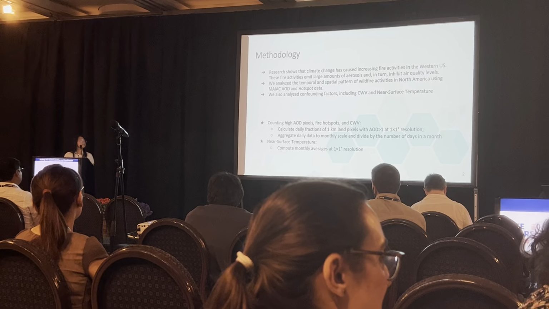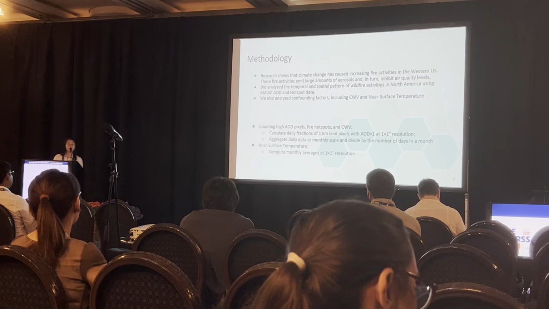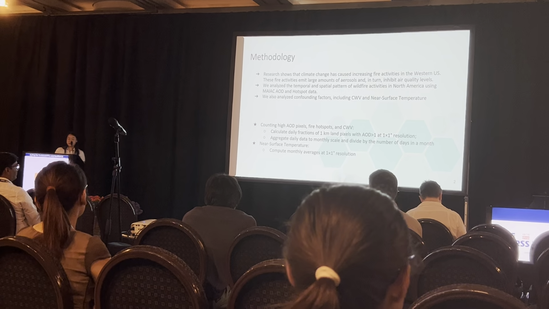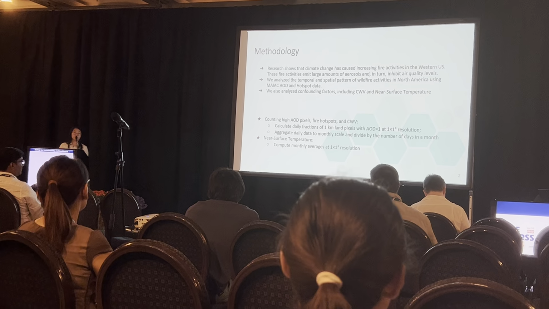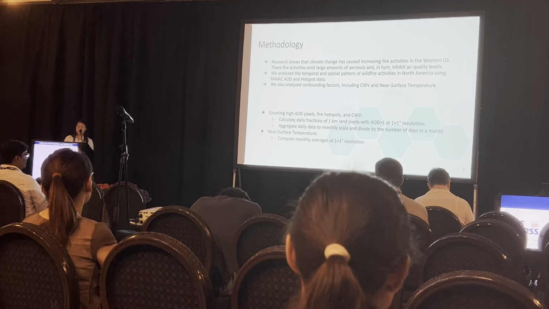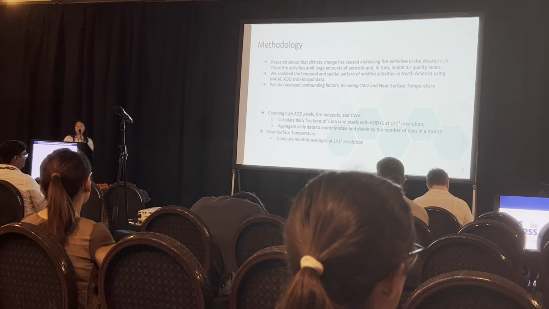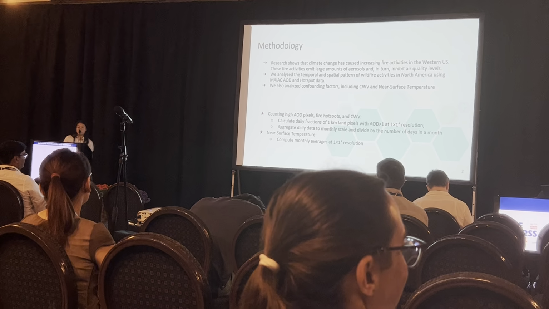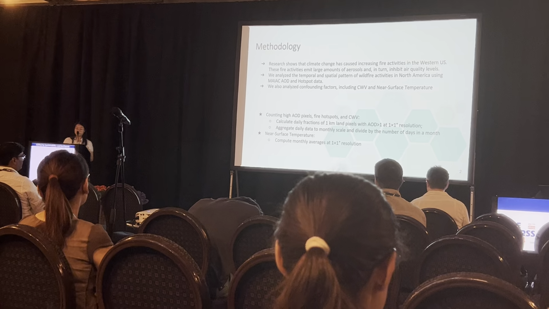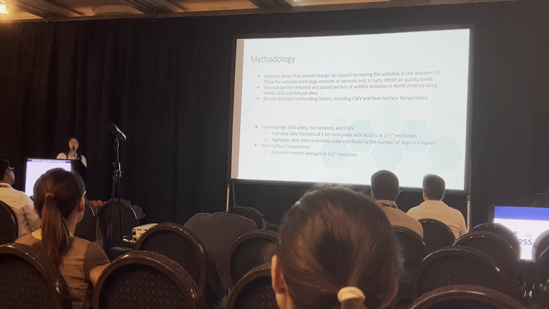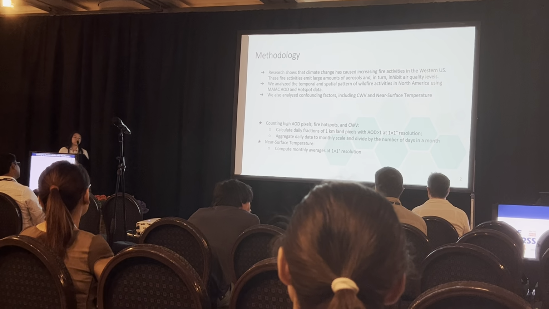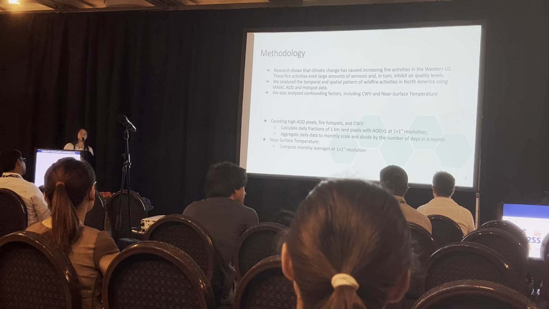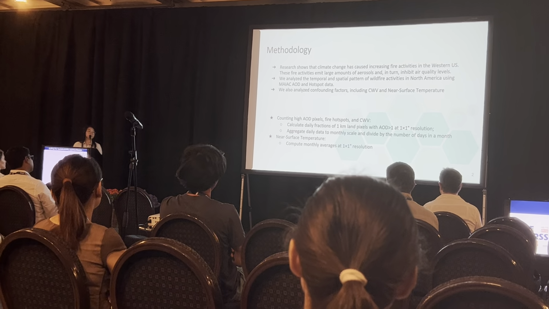To address this issue, we analyzed the temporal and spatial patterns of these wildfire activities across North America using MAIAC AOD, or aerosol optical depth, and hotspot data. We also analyzed a few confounding variables, such as column water vapor and near surface temperature, to see their correlation with these fire activities.